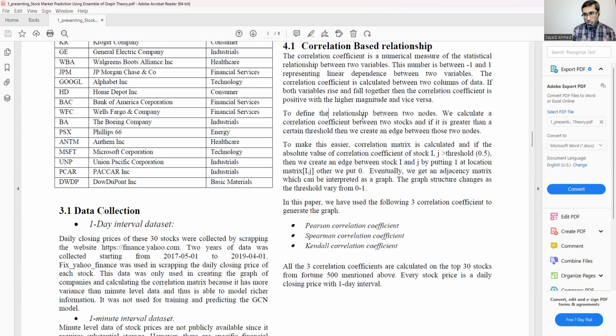So for my deep neural network, one input is the graph structure and another input is the historical time series and pricing information. The output will be the predicted stock prices, so that will be regression. Eventually, at the end, it will be regressed.